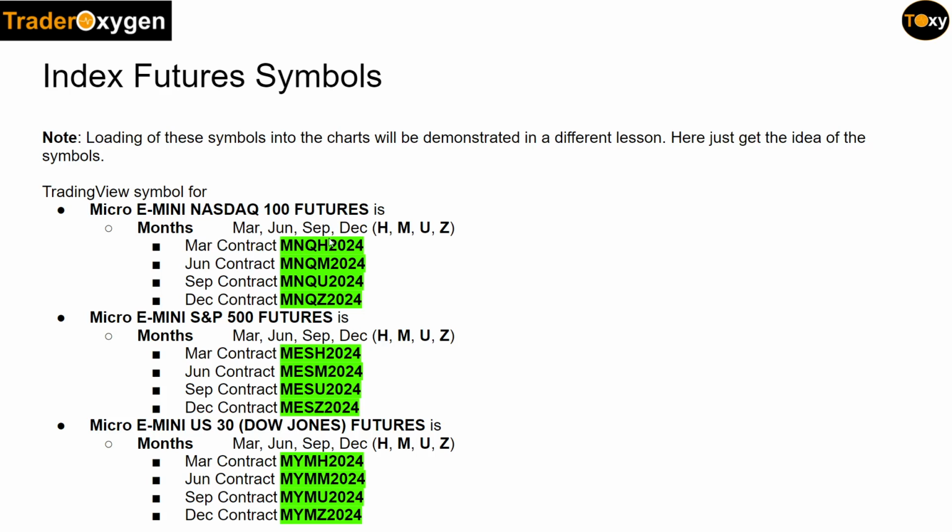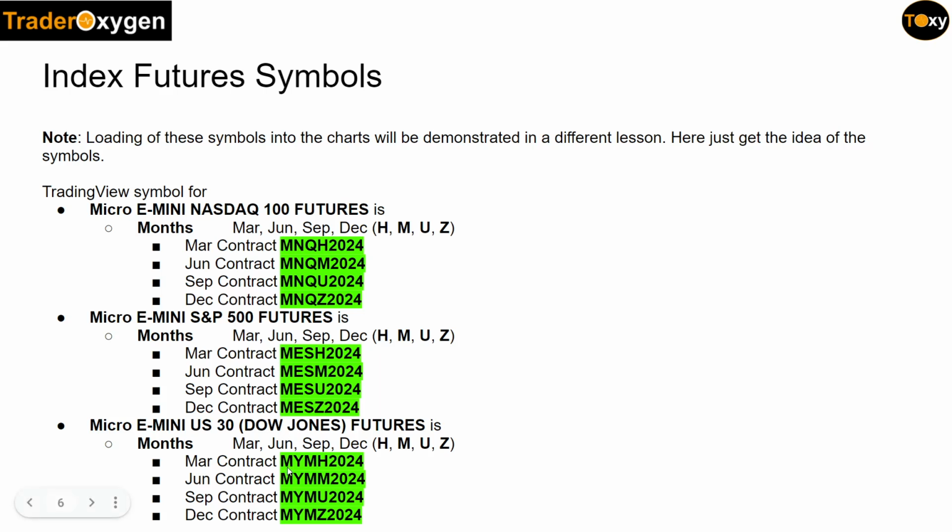So, for example, this is the symbol for the March contract of micro E-mini Nasdaq. M here stands for micro, NQ stands for Nasdaq. Here, M stands for micro, ES stands for S&P 500.